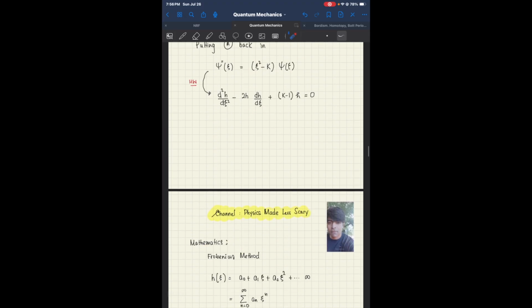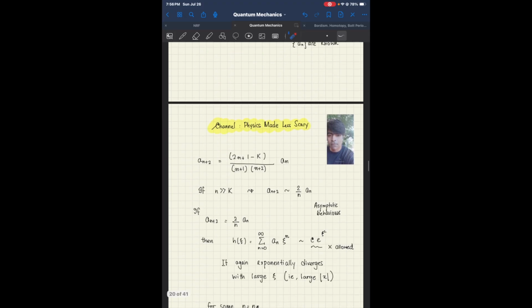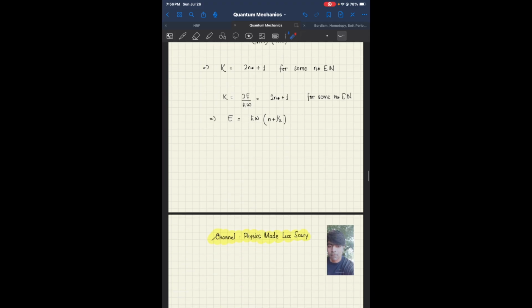So even using algebraic methods, you get the harmonic oscillator spectrum, E_n, where n belongs to the natural numbers.